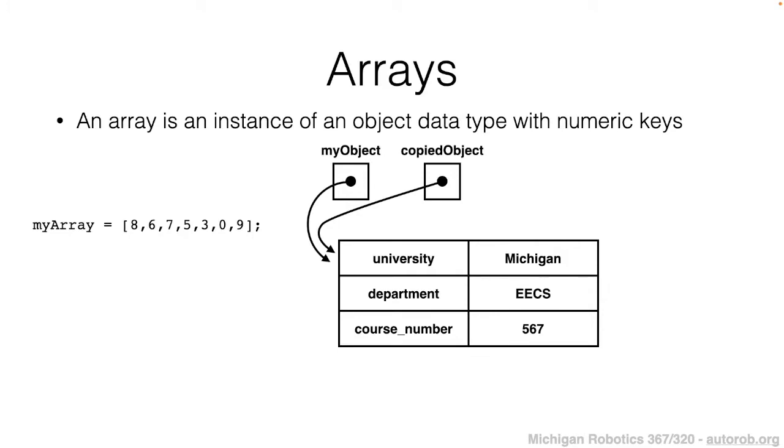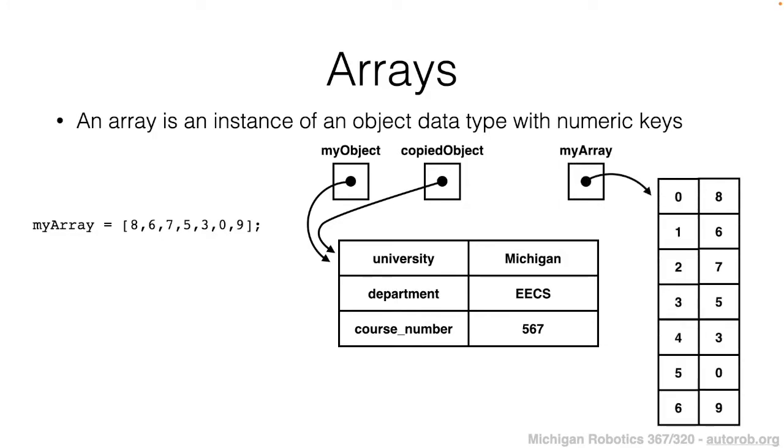If you use the brackets with comma-separated data elements, this will form an array. In this particular example, if we run this code, this is what would happen underneath the hood, so to speak. We would have the myArray variable, and this would be a reference to an underlying data structure within memory that is this object with numeric keys, right?